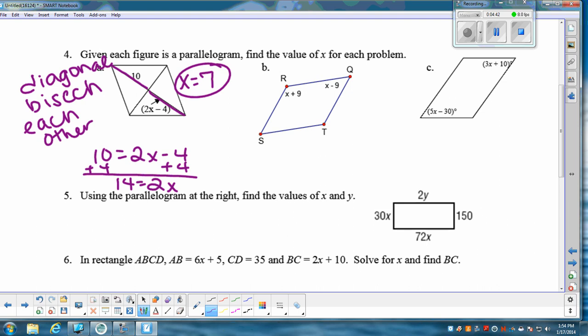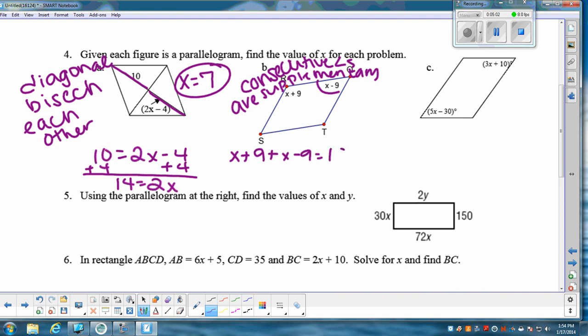The next one, we are given consecutive angles, and we know consecutive angles are supplementary. So we know that x plus 9 plus x minus 9 has to be 180 degrees. We add the two of them together. So we get that x is 90.